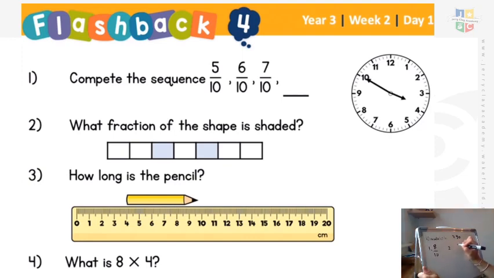Okay, number 2. It says, what fraction is shaded? Well, we first need to know how many parts. Remember, our parts is our denominator, the one at the bottom, D for down. So let's count the number of parts. I'm going to draw it as well so you can see it.